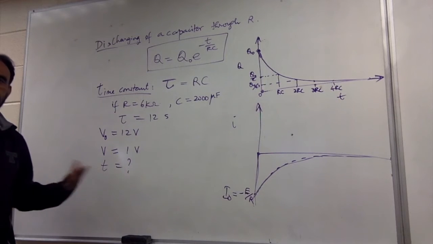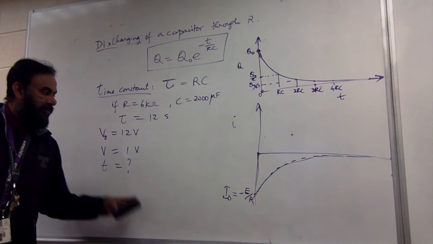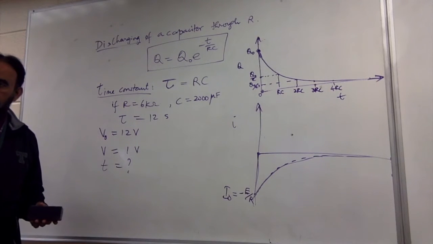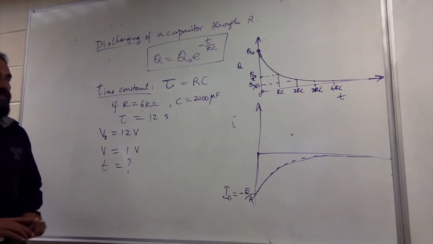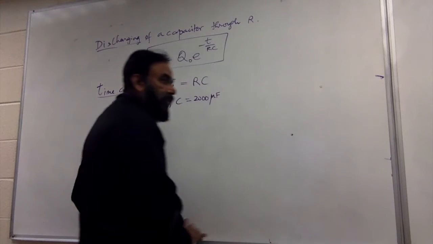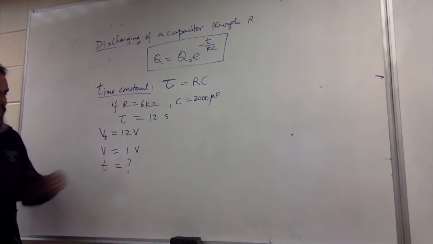How much time elapsed if this is the case? Initially the voltage is 12, and after draining out for some time, it is 1 volt. How long did it take for the voltage to drop from 12 to 1?